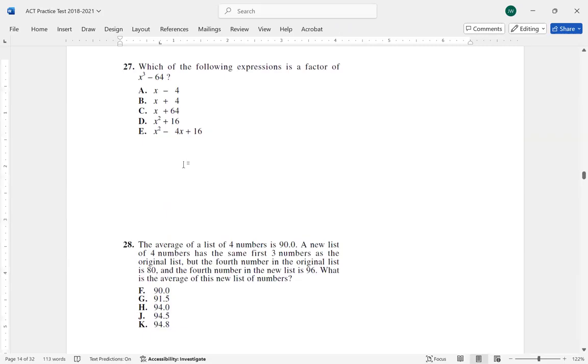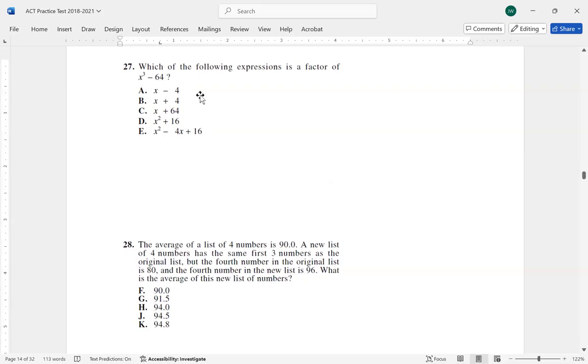Question 27. Which of the following expressions is a factor of x to the third minus 64? Now, there are long ways to do this and shorter ways to do this. The long way is to divide each using long division.